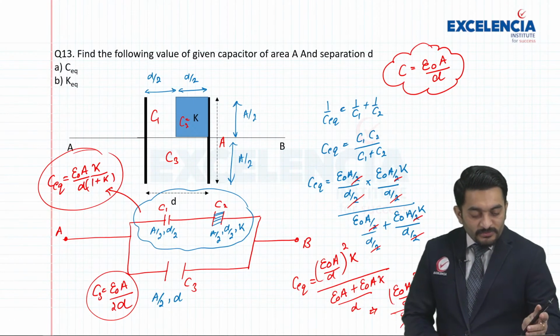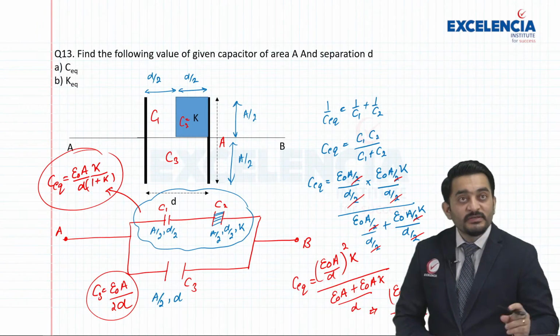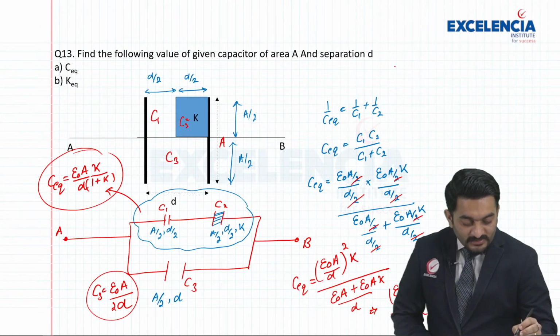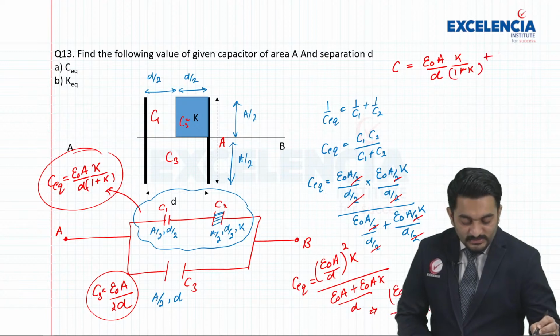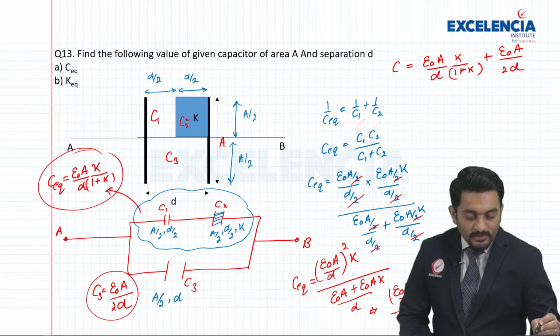So my final answer for C equivalent will be the sum of epsilon naught A by D times K over 1 plus K, plus epsilon naught A by 2D.